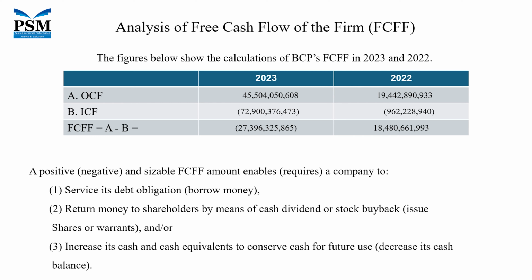Whereas in 2023, the company had negative FCFF, meaning the investment amount was huge, much larger than the operating cash flow. So the company had to borrow money to cover the investment shortfall, or it had to issue new shares or use its cash balance.